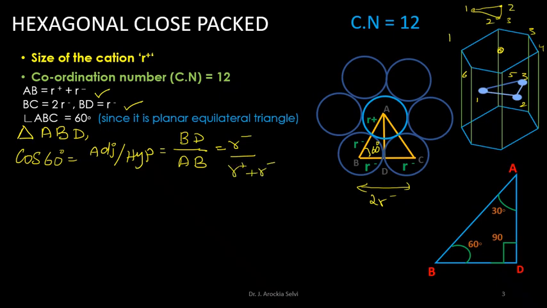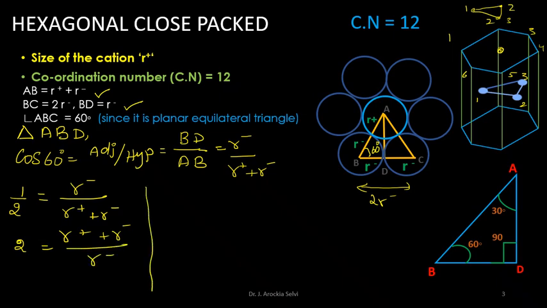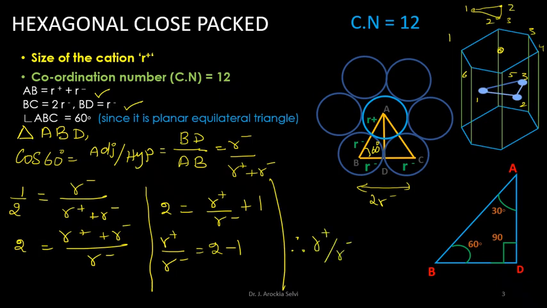Now what is cos 60? 1 by 2. So 1 by 2 is equal to r minus divided by r plus plus r minus; otherwise you take the reciprocal. 2 is equal to r plus plus r minus divided by r minus, then 2 equals r plus by r minus plus 1, then r plus by r minus is equal to 2 minus 1, therefore r plus by r minus equals 1.